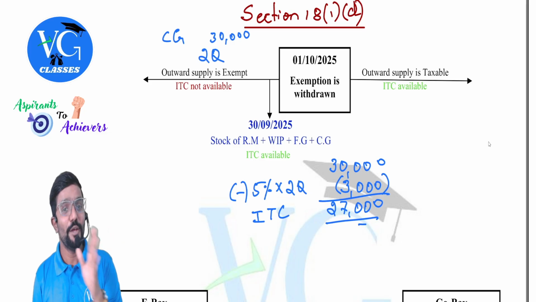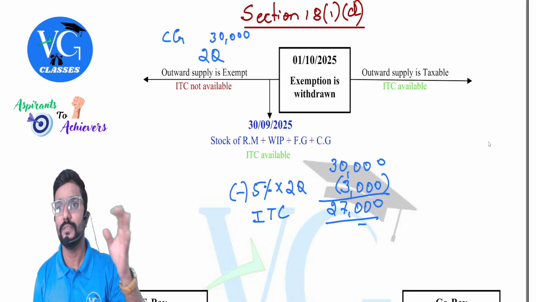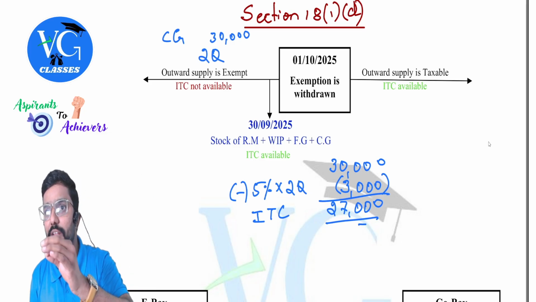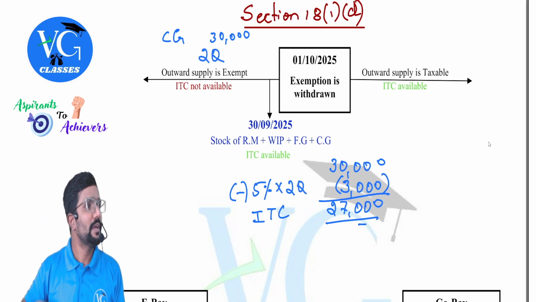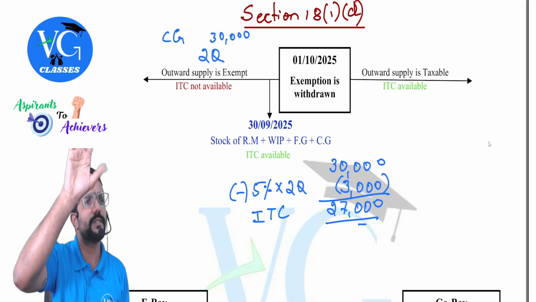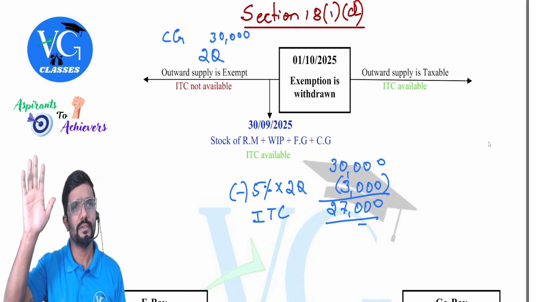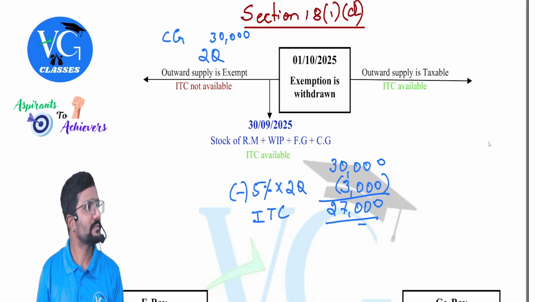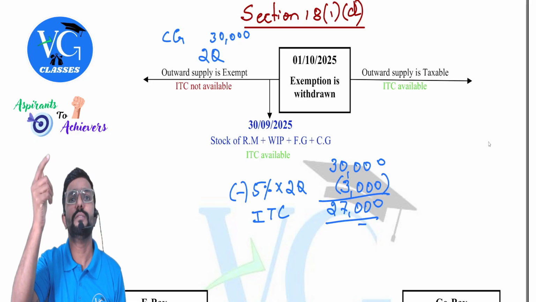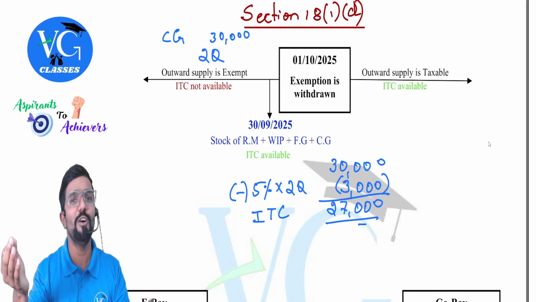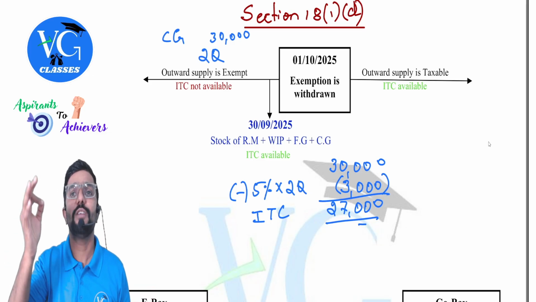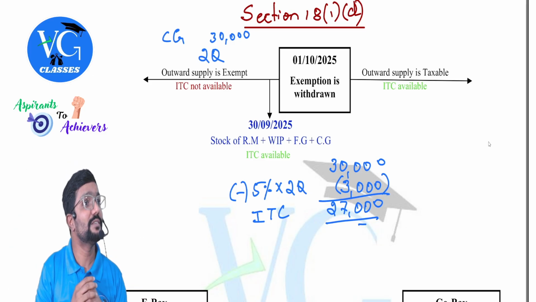Listen. Before 1st October, Yashas, are you hearing? Before 1st October, it was used for 5 quarters, take it as 10 days. How much should be reduced? How much percentage?